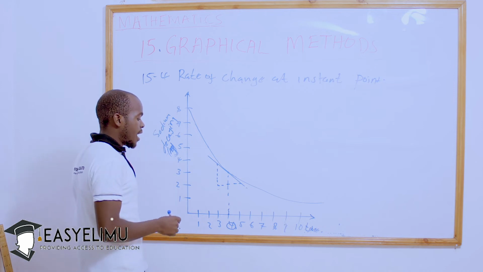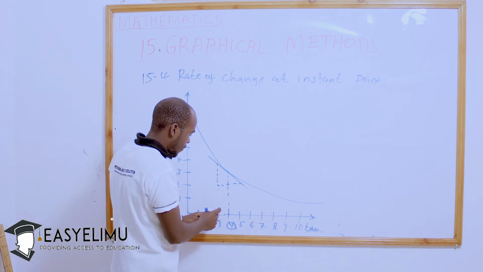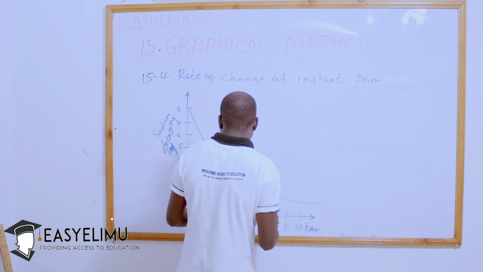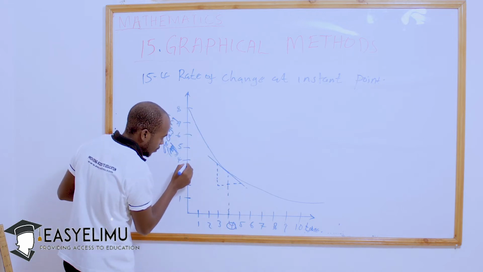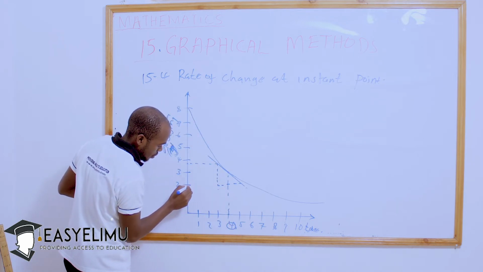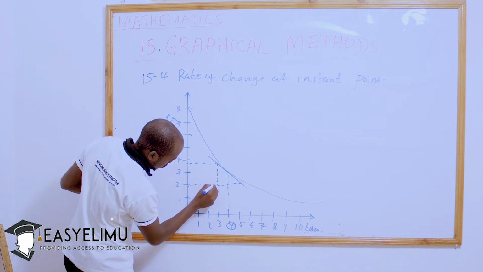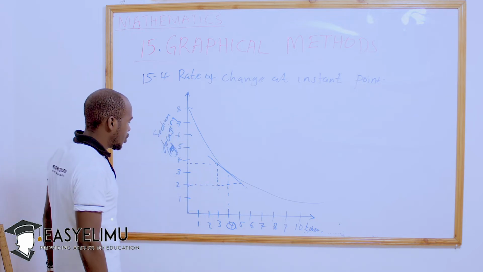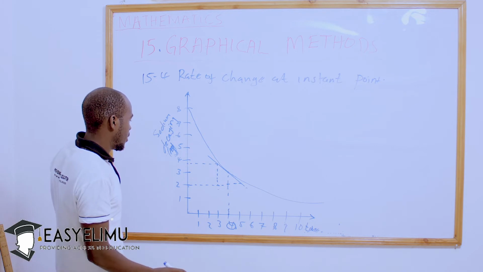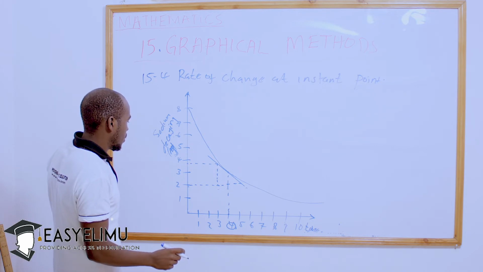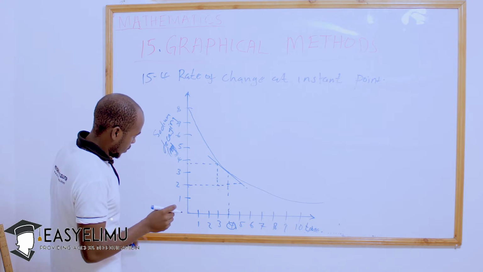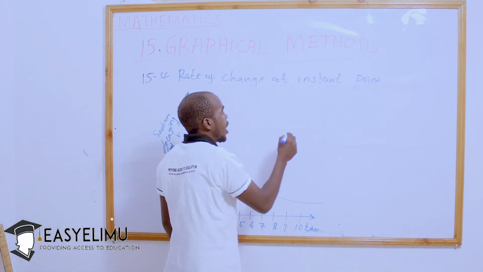If you take up to that point, you will have 5, 3 in the x, and in the y you will have approximately 3.8 and 2.